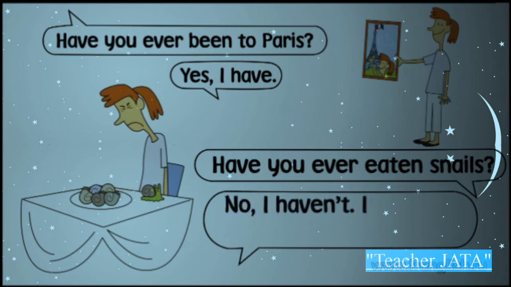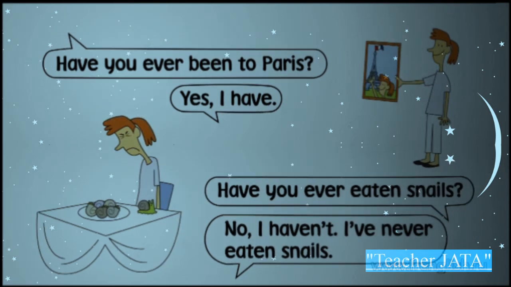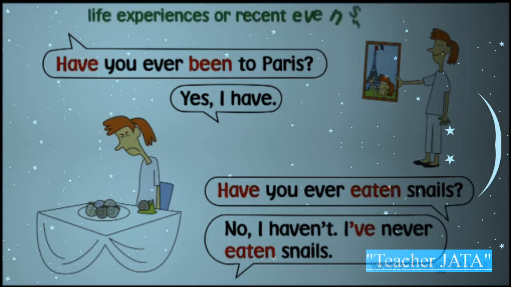No, I haven't. I've never eaten snails. We use the present perfect to talk about life experiences or recent events that are important now. We use ever or never when we ask and talk about experiences.